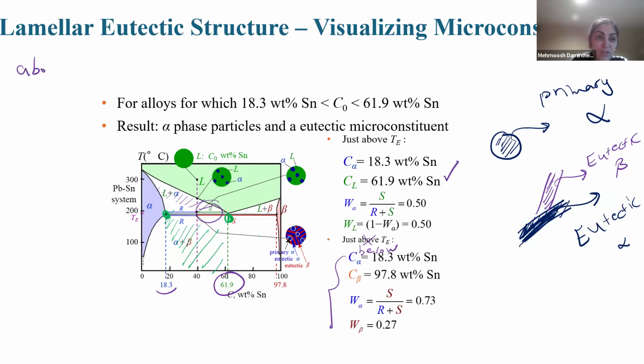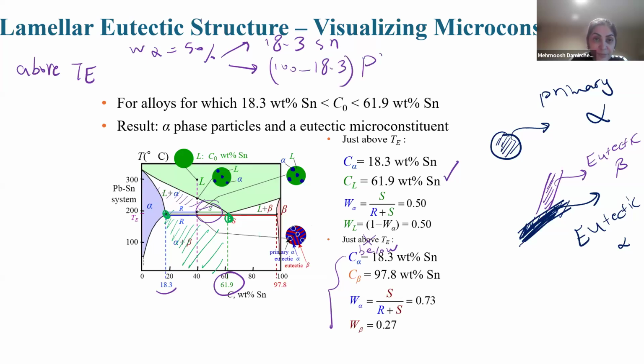Means above TE, the temperature of eutectic, we have W alpha of 50 weight percent. From this, 18.3 is Sn, and 100 minus 18.3 is Pb.